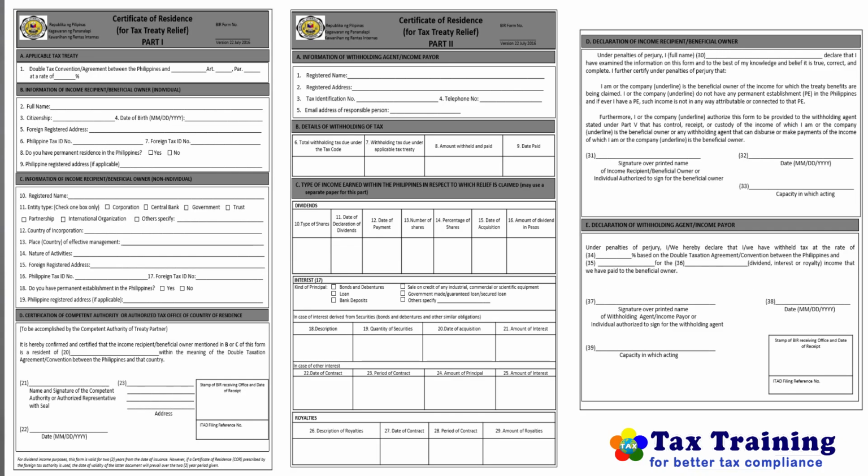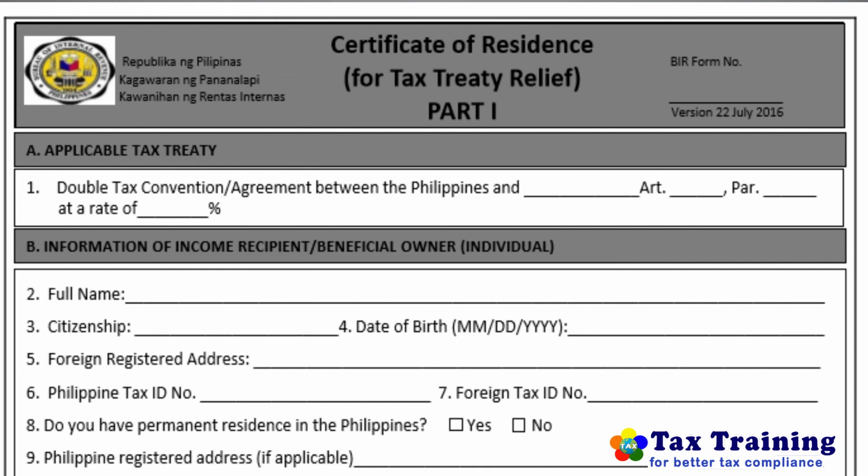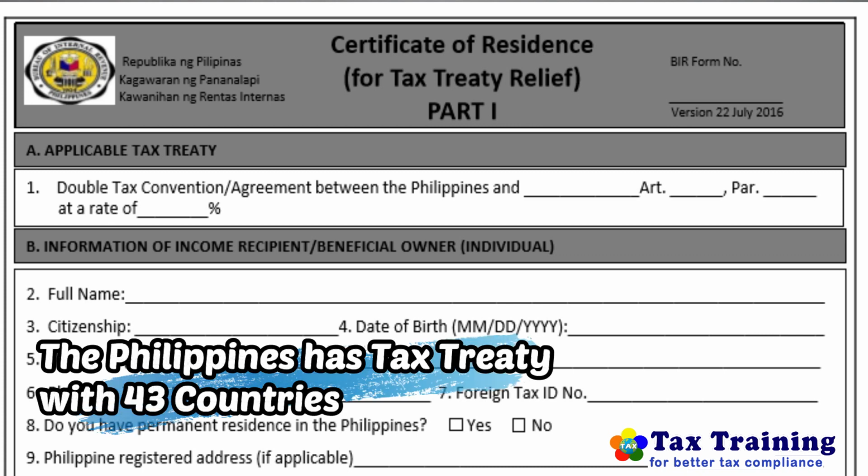So, ito po yung content ng Certificate of Residence for Tax Treaty Relief Part 1. So, for letter A, applicable tax treaty relief. Number 1, we have the double tax convention agreement between the Philippines and kung sinong bansa ang ka-tax treaty ng Pilipinas. Right now, the Philippines has tax treaties with 43 countries.